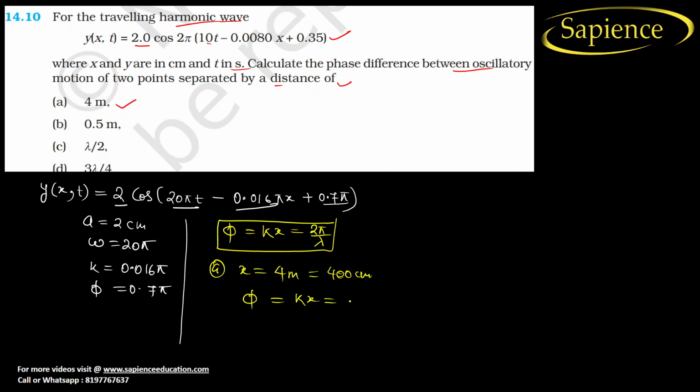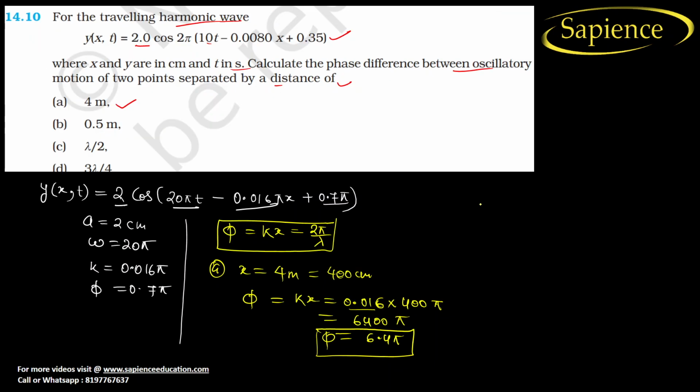K is equal to 0.016π into x. The value of x is 400, and this is not only 0.016, so this π will be multiplied. So this will be 6.4π. The final phase difference for this is 6.4π.